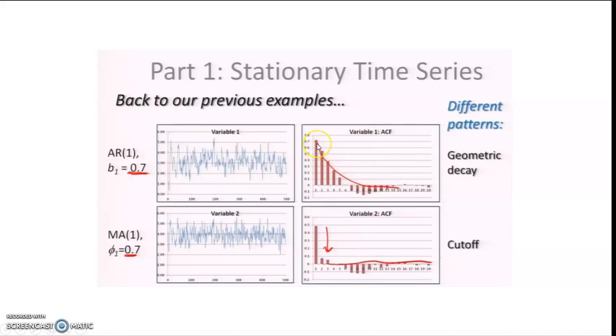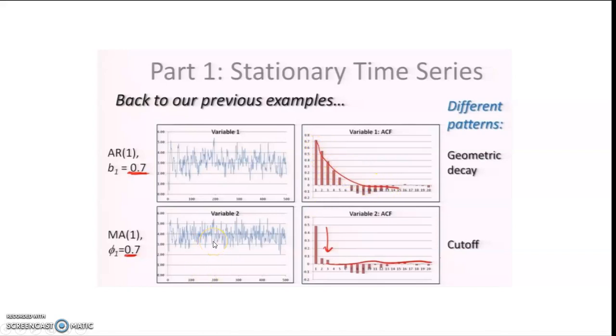You see that the coefficient of autocorrelation at lag 1 is equal to 0.7, then it is 0.5, and then it is 0.39, and so on. So there is a geometric decay like this.